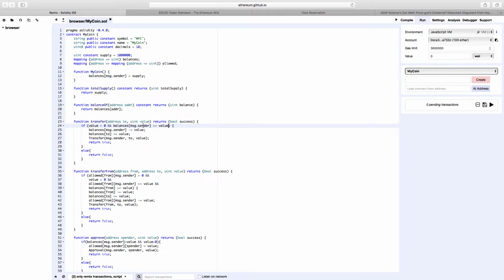So the balance of the person who triggered the transfer function, whose account is message.sender, has to be greater than value. If that condition is fulfilled, the balance of the person who is transferring the money gets deducted by the number value. This is what minus equals basically means.